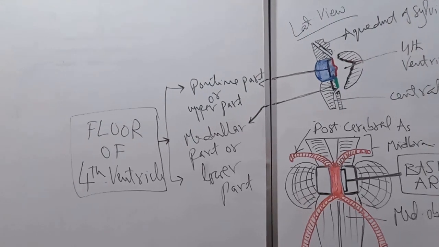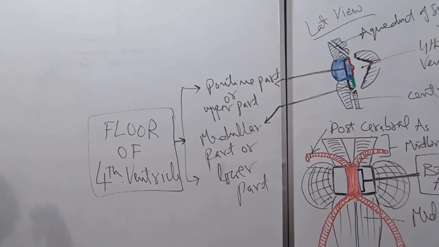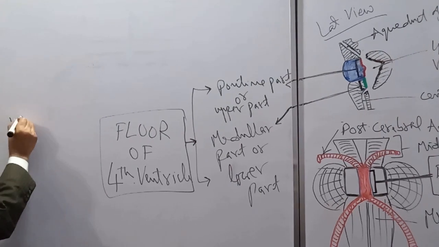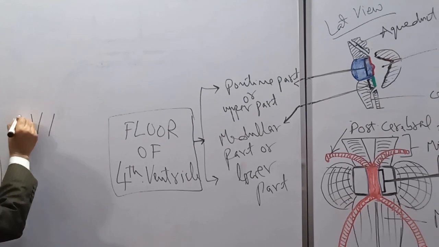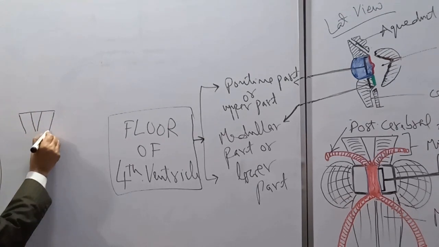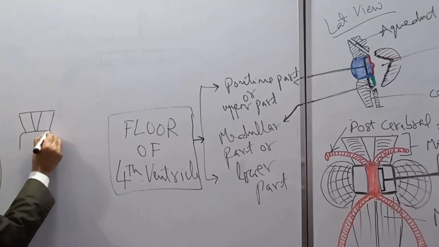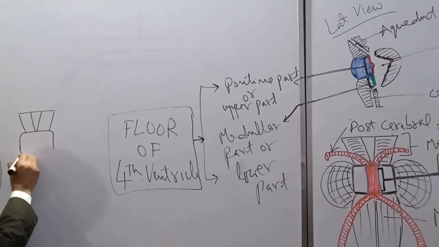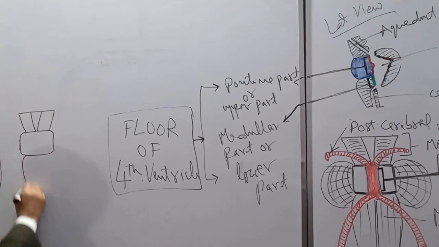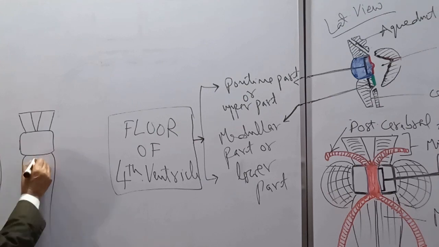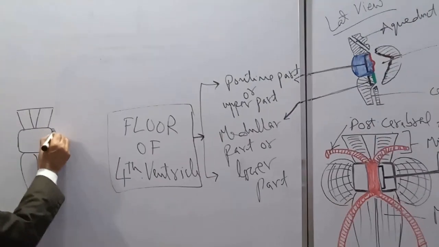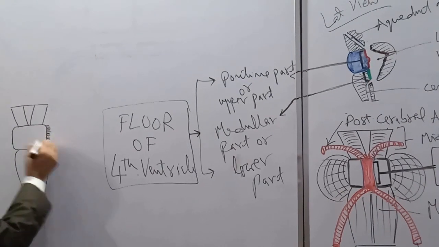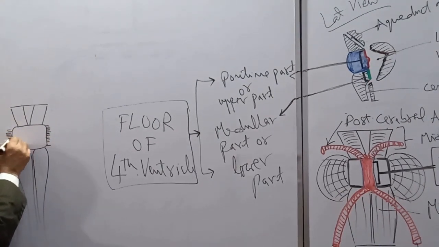Now, what are the nerves attached to the midbrain, pons, and medulla oblongata? Cranial nerves. This is the middle cerebral peduncle on each side of the pons.